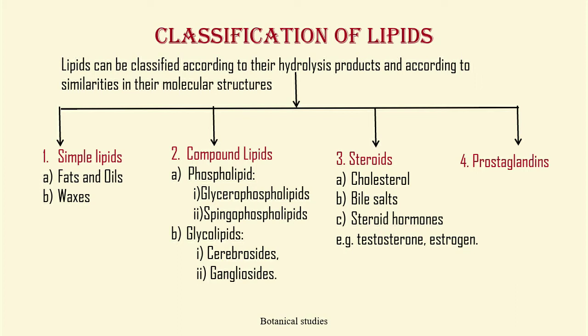Phospholipids are glycerophospholipids and sphingophospholipids, and glycolipids are classified into cerebrosides and gangliosides. Steroids are further classified into cholesterol, bile salts, and steroid hormones, that is testosterone and estrogen.